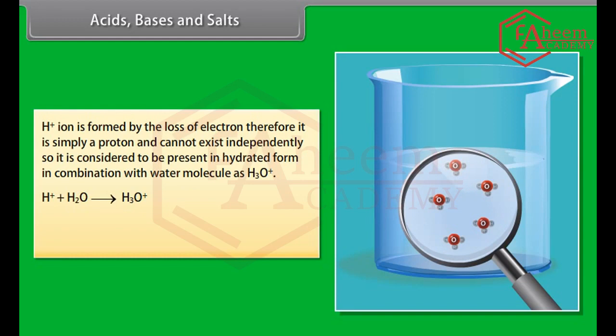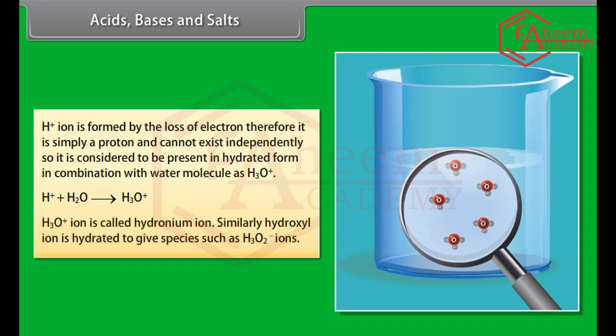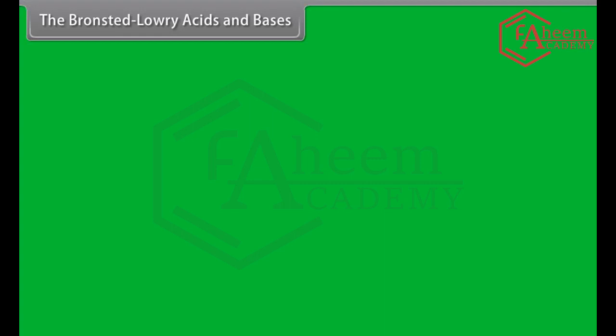So it is considered to be present in hydrated form in combination with a water molecule as H3O+. H3O+ ion is called hydronium ion. Similarly, hydroxyl ion is hydrated to give species such as H3O2- ions.